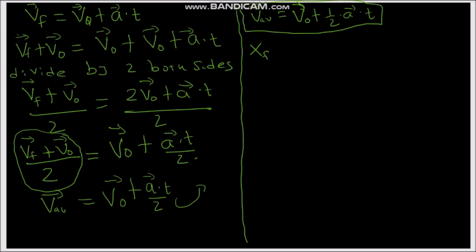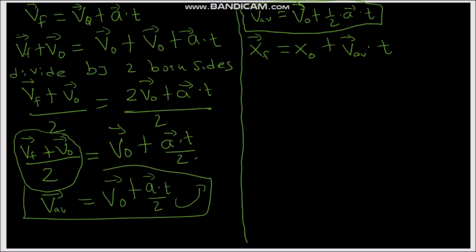The final displacement is equal to the initial displacement plus the average velocity times the time. Now we substitute the value of the average velocity into this equation. That means we have here the average velocity. We substitute this equation into this.